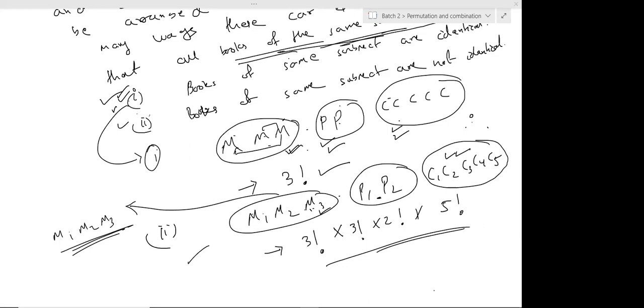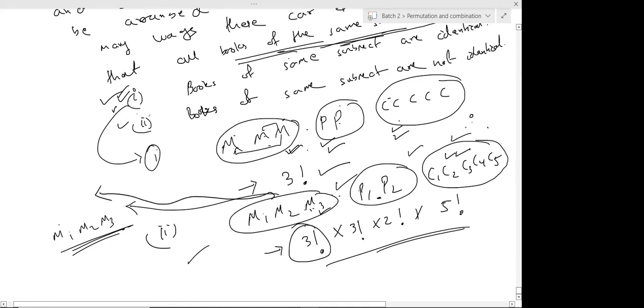Okay, the last part. See, Rahman, as soon as you make three bundles, I told you to count them as three different things. So to arrange three different things, we need 3 factorial ways. But if you pick up this bundle, here there are three books, M1, M2, and M3, and they are different, even though they are of same subject. So in this bundle, they can be arranged internally also.